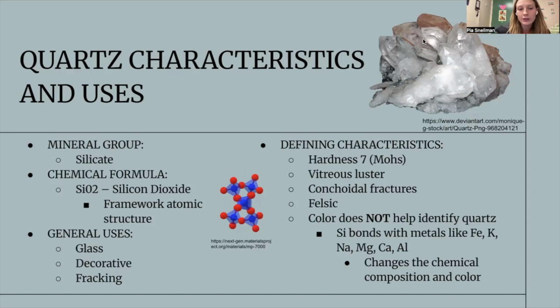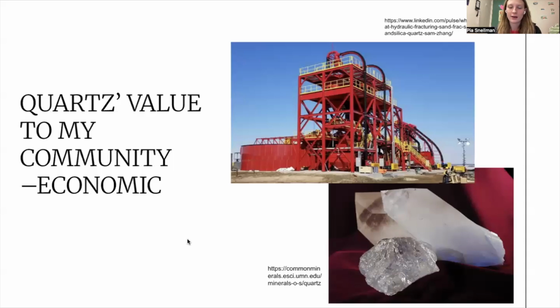Some general uses for quartz are including it in glass and using quartz for decorative properties, like countertops, or like some people decorate their homes with crystals. And also fracking. Fracking is the main economic value to my community.